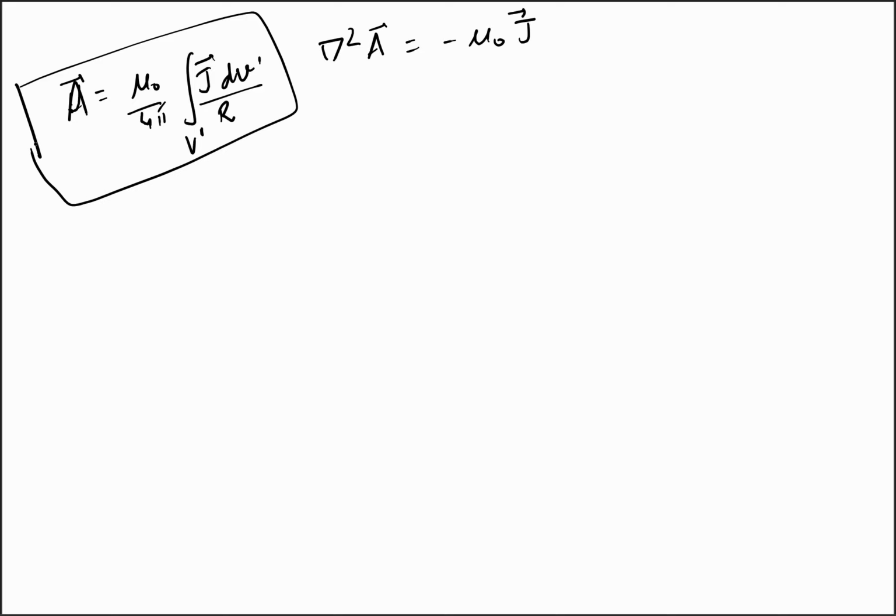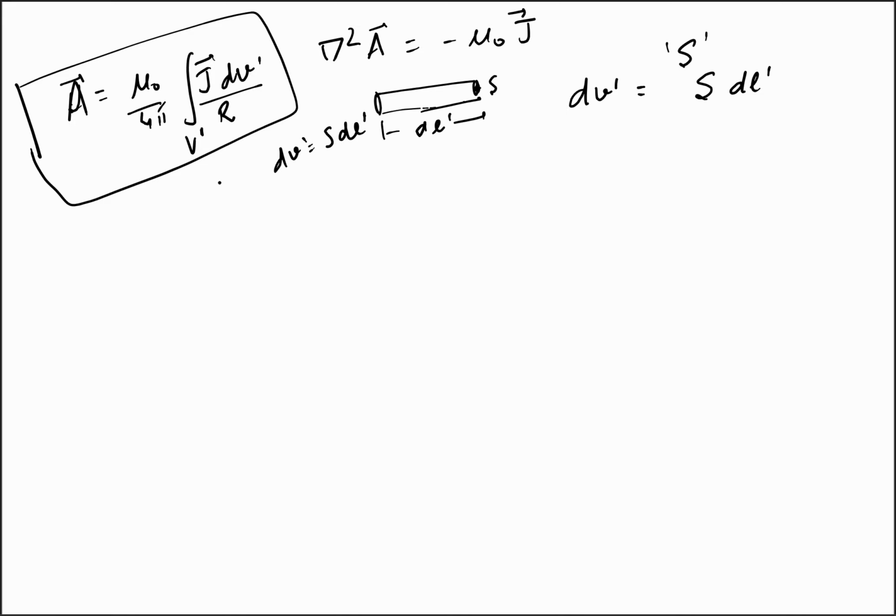Now, for a thin wire with cross section S, I can write this small volume dV dash as simply S into dl dash. That is, if this is a thin wire and its length is dl dash and this area is S, then this volume dV dash is simply S dl dash.